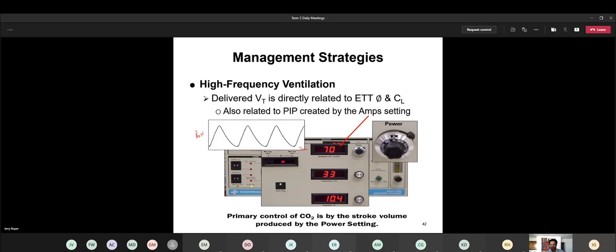If you go back and turn your power up, and now your amplitude goes from 70 to 80, then you're going to have a higher peak pressure, and subsequently more volume. Just like with conventional ventilation, if you want more volume and to blow off more CO2, you're going to need a higher amplitude.